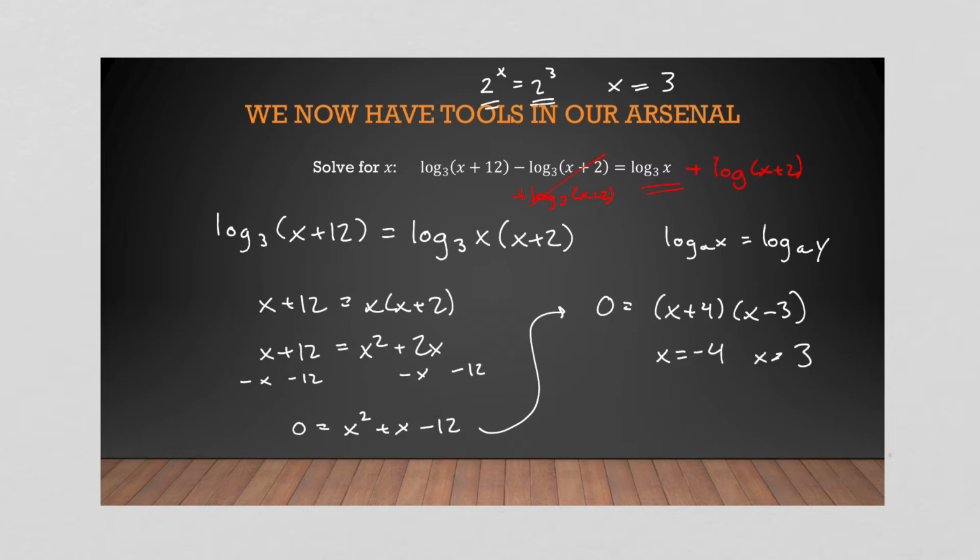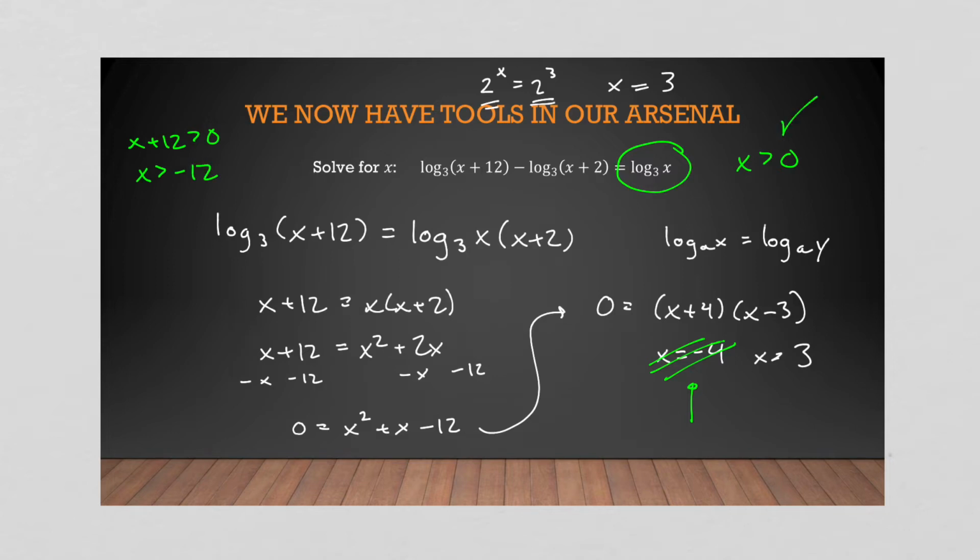Now, let's go back to our domain restrictions. The most important domain restriction to consider from the very beginning is this one, because that one alone tells me that x has to be positive. And I have a negative answer here, so I'm going to reject that. Now let's check our other two. x + 12 has to be greater than 0. Oh, well, that just says x has to be greater than negative 12.